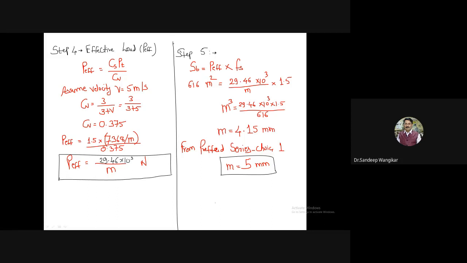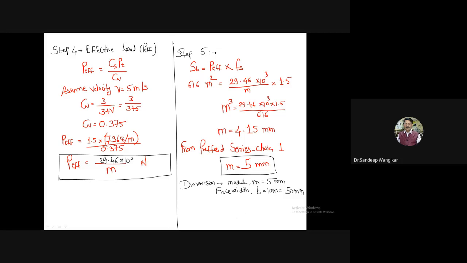In this way, module is required to be calculated. Now, if I want to write the dimensions for the gear, it is asked to design the gear, then dimensions. I will write in full: module M is equal to 5 millimeters. We have assumed face width B is equal to 10 times module, which is equal to 50 millimeters.